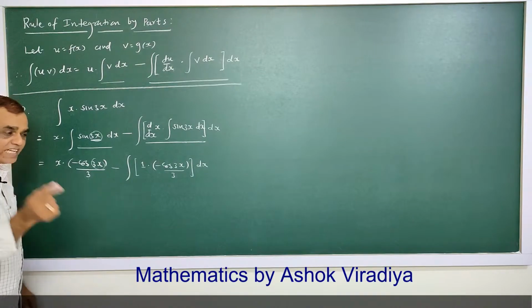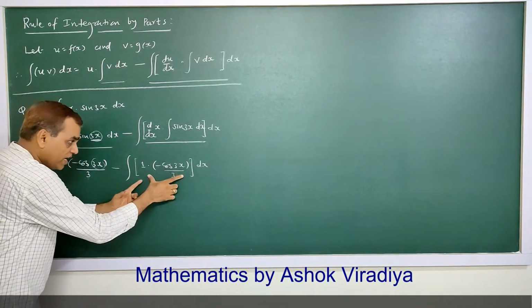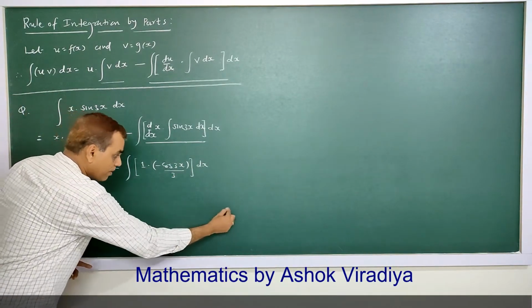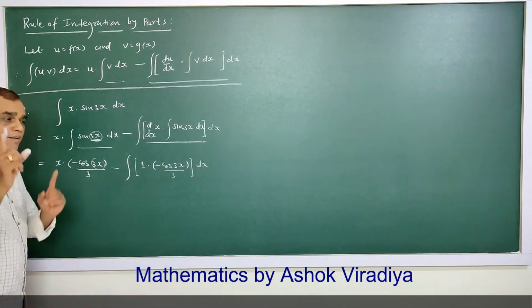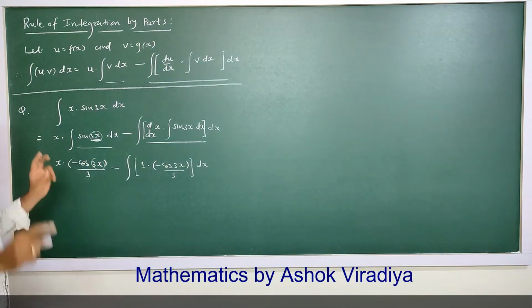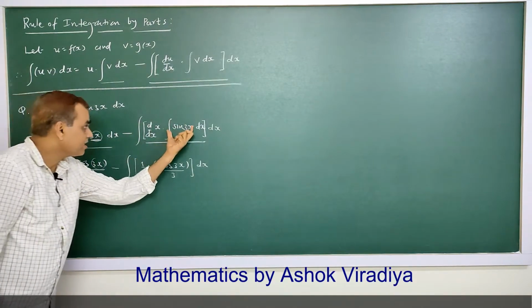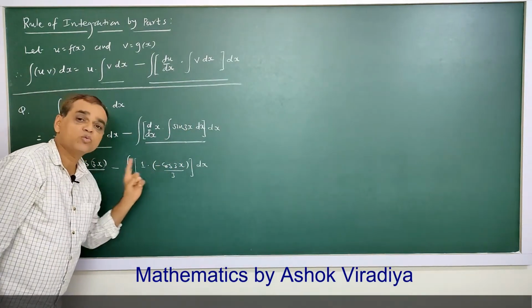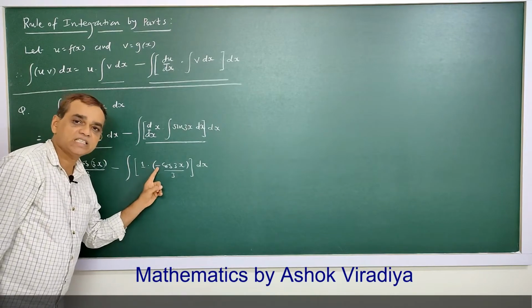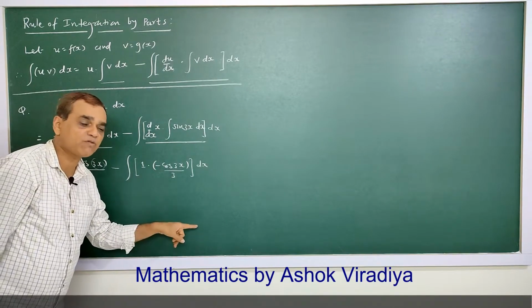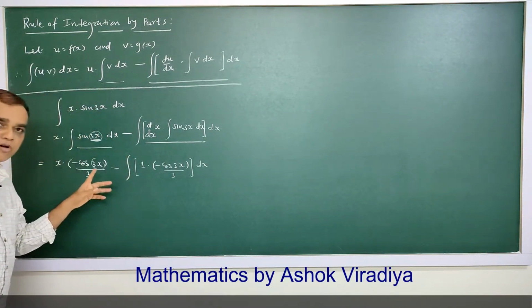So when putting the integral of this box value, at last we will put plus c. So remember, applying this rule, putting the integral of v, don't include constant c. Put it at last when removing this outer symbol.